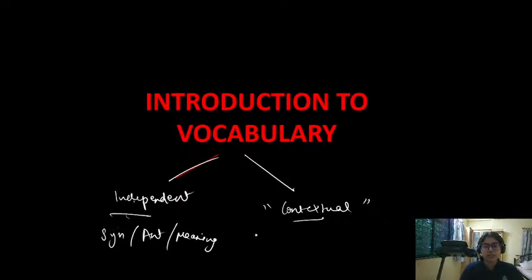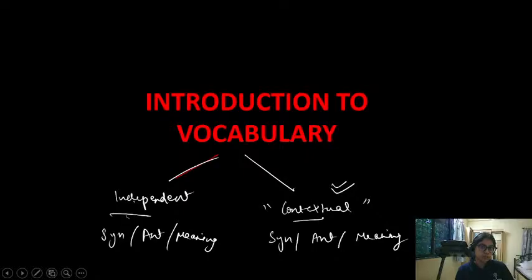Same goes for contextual. It is highlighted, and you can be asked for a synonym, antonym, or the meaning of the given word. Simple. For both of the question types, the approach changes. This session will focus on contextual usage and contextual finding and solving of the question. The independent part will be discussed in the future lectures.